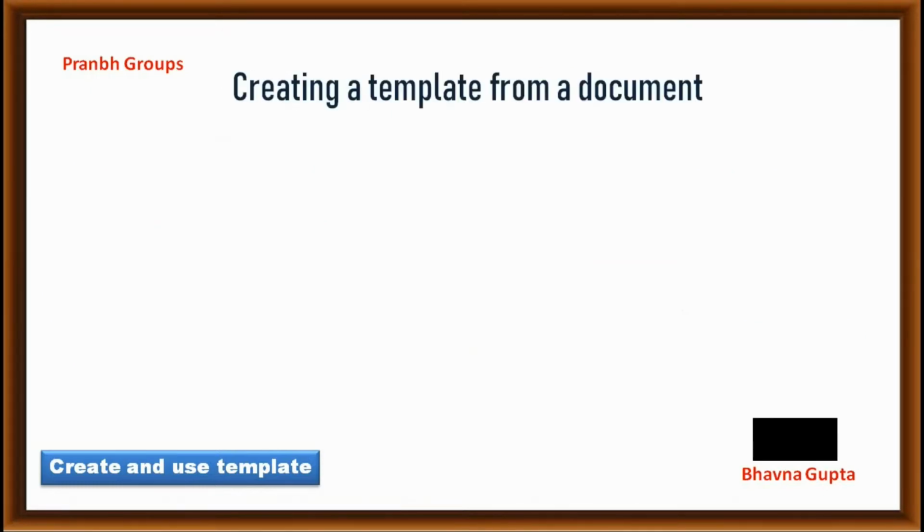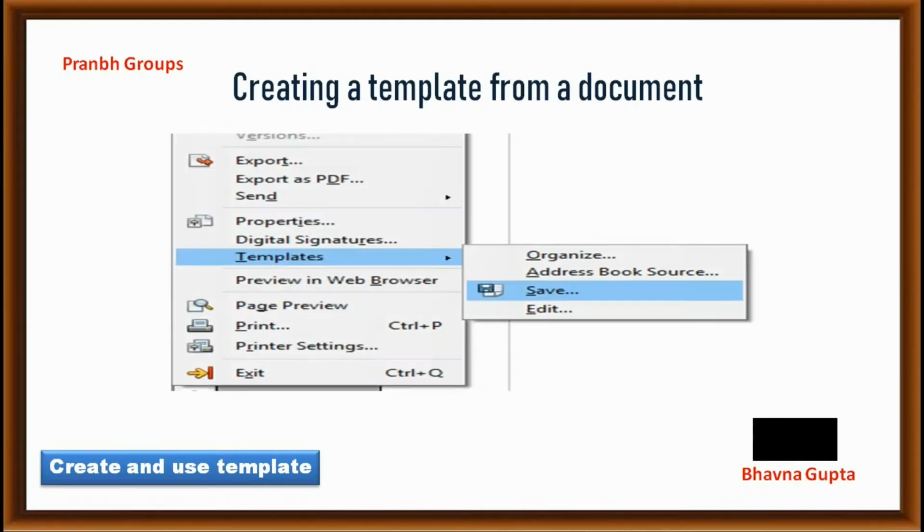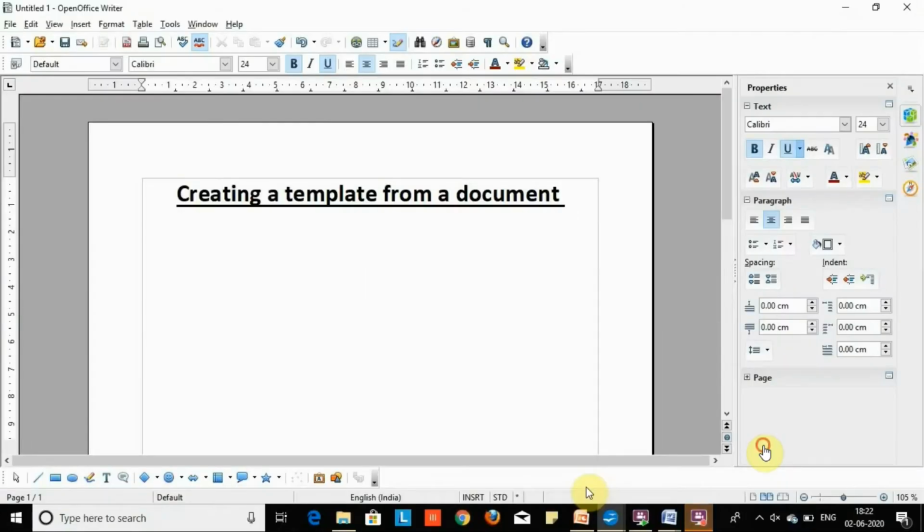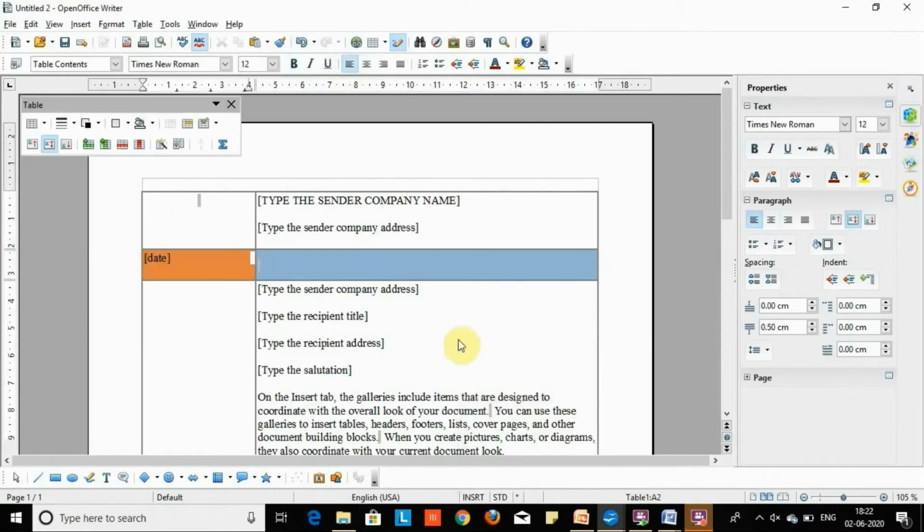Next, how to create your own template. There are two ways for creating a template. First way is from a document and the second one is using a wizard. Follow these steps for creating a template from a document. Firstly, open a new or existing document of the type you want to make into a template.